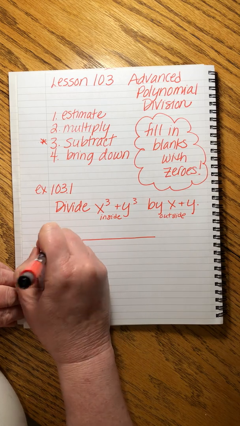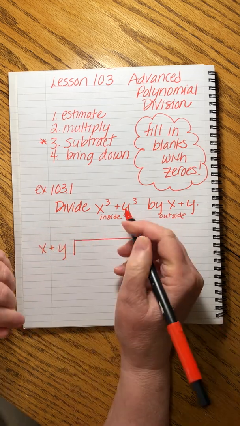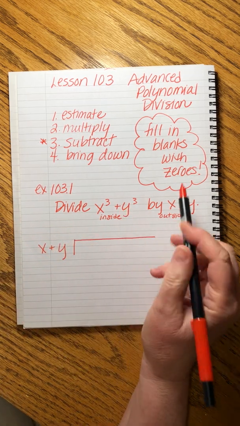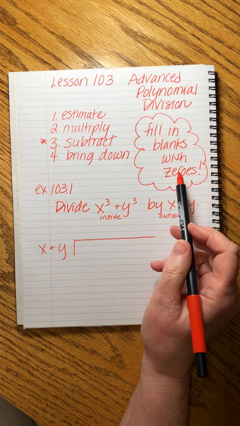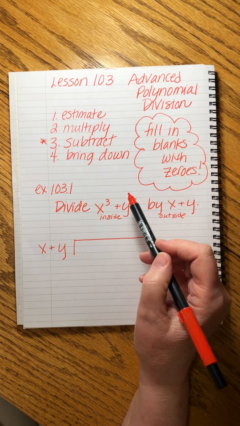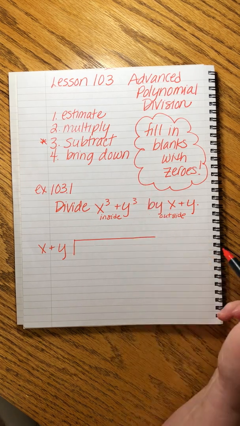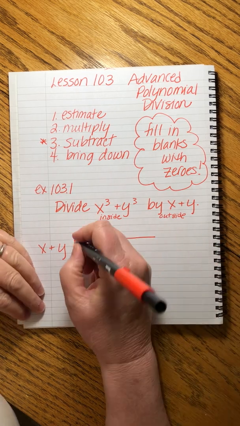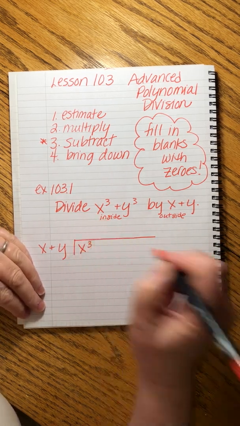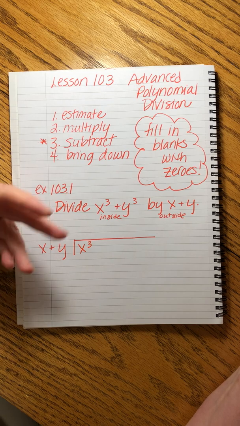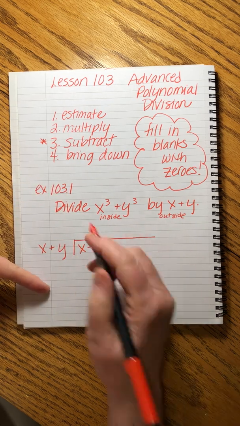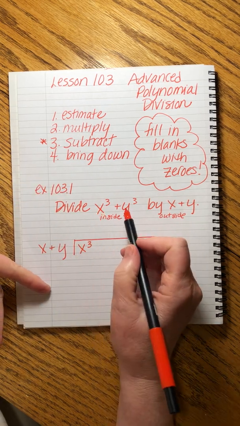This goes on the outside. And as we go to write this on the inside, we remember this thing about the blanks. Sometimes we have missing parts of the sequence of what we're trying to divide. And we have to put zeros in front of those terms, right? Now, I don't know for sure what terms we're going to need between x cubed and y cubed.